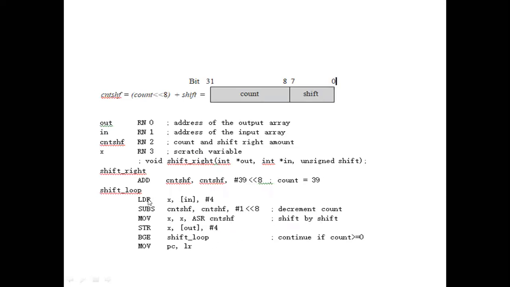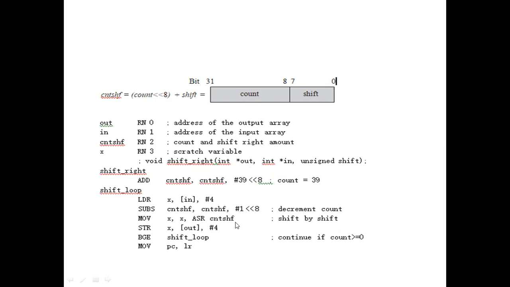The whole idea is that this is very important because you're just making use of a single register where you are storing both the values, that is the count and the shift. For each iteration, the value of count is decremented by 1, right?